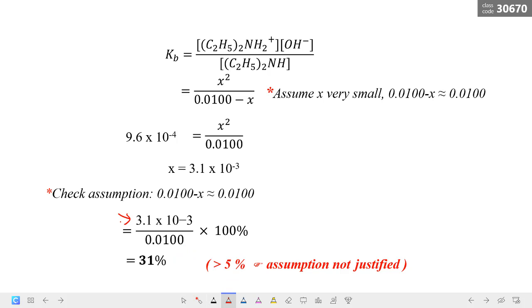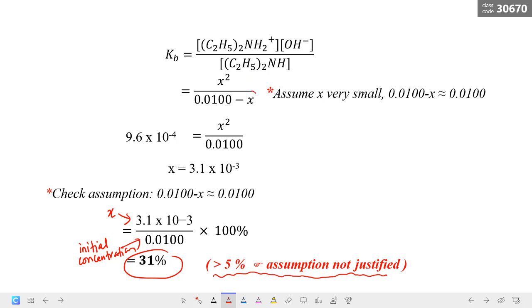Ini adalah nilai X yang kita dapat, bahagikan dengan initial concentration, darab 100. Jadi, kalau you nampak kat sini, kita akan dapat 31% lebih kurang, which is more than 5%. So, the assumption not justified.